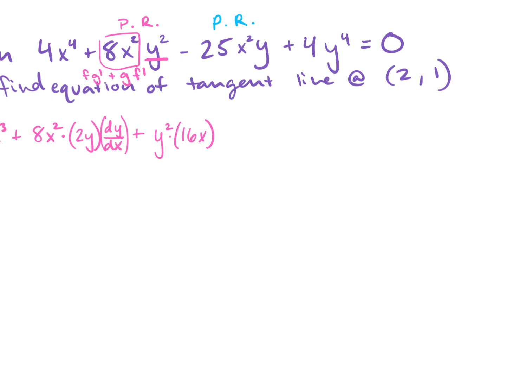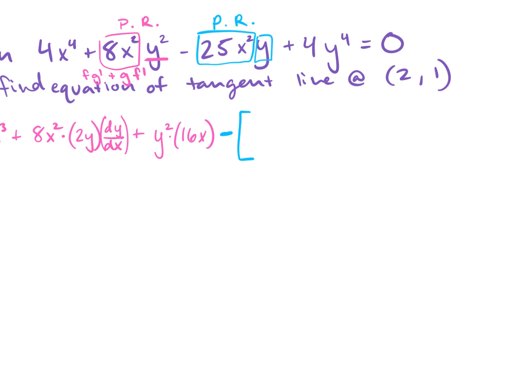You can either leave the minus there and call your first term 25x squared and your second term y, do the same thing, and then distribute the negative at the end. Or you can include it in the first term to make it negative 25x squared. It doesn't matter which way you do it, just be careful with the minus. I'm going to leave the minus out front and put this in brackets so I know I need to distribute the negative at the end.